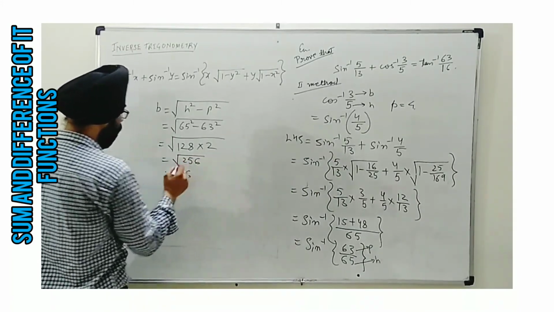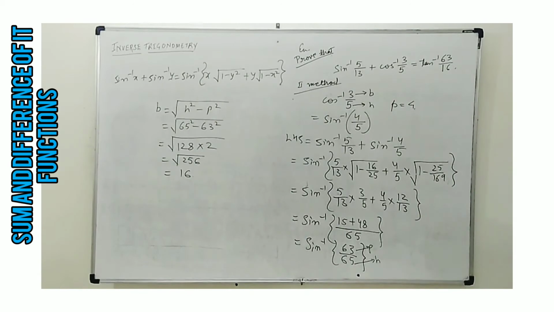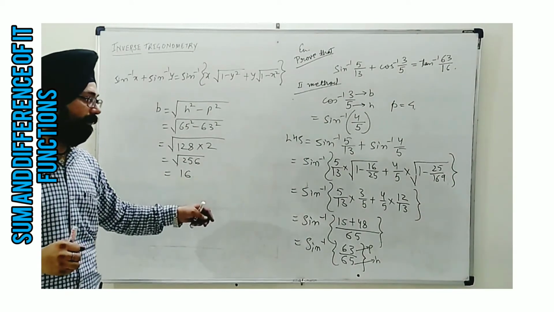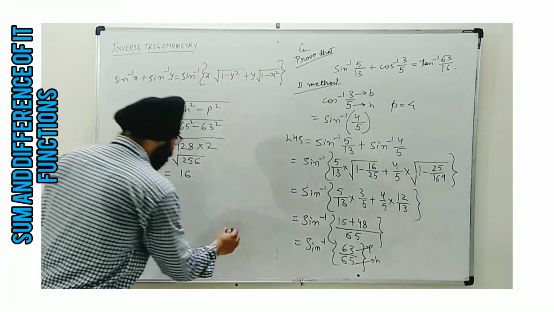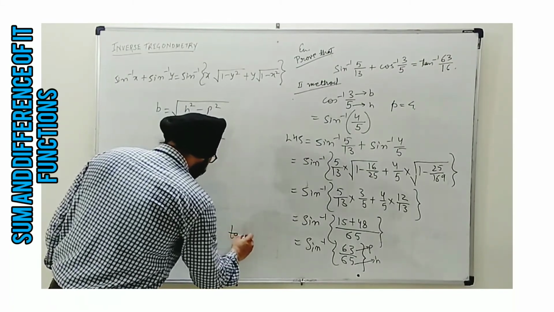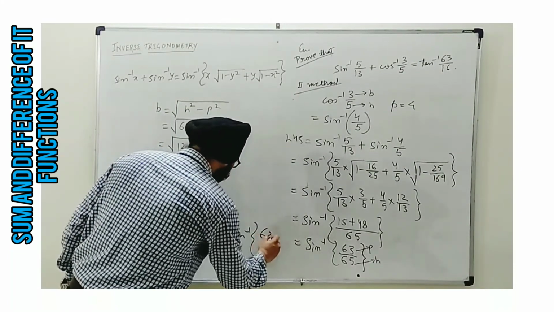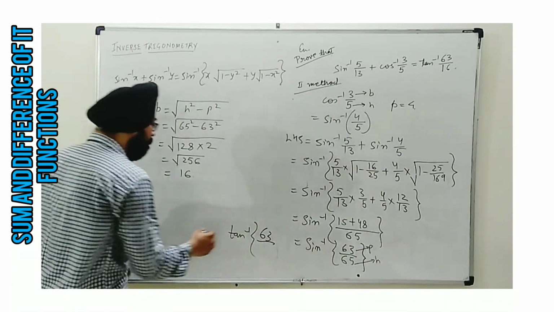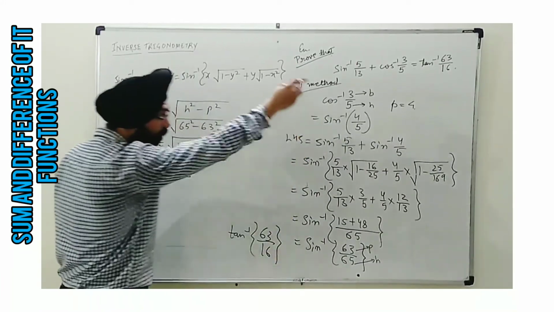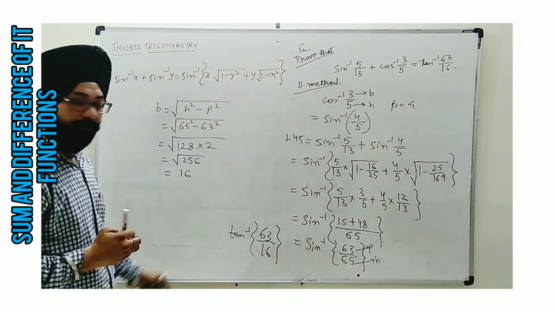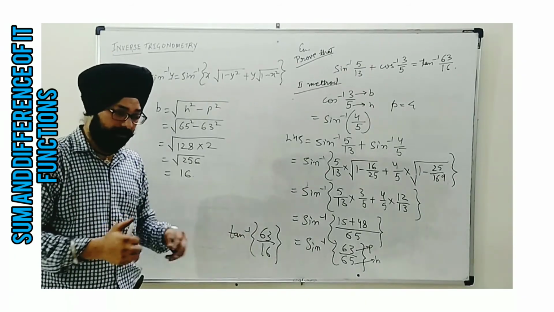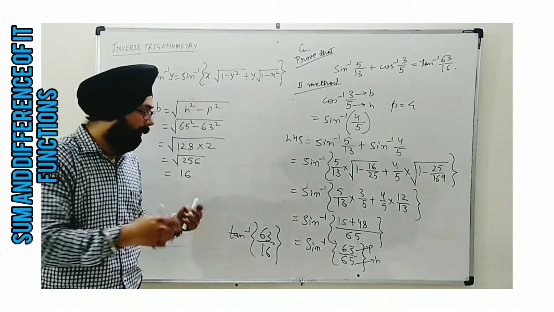So this is 16. We have obtained the base as 16. That's why this thing will be equal to tan inverse of perpendicular, which remains as it is, upon base 16, and it is RHS. So this way we will obtain the result. No problem is there, but the choice is yours, whichever pattern you want to follow.